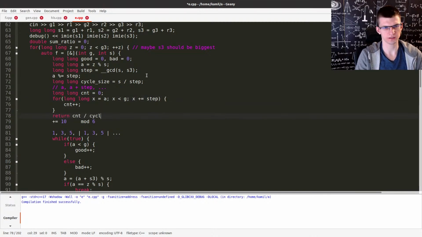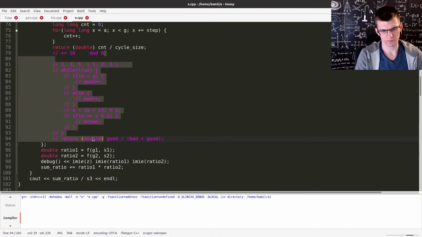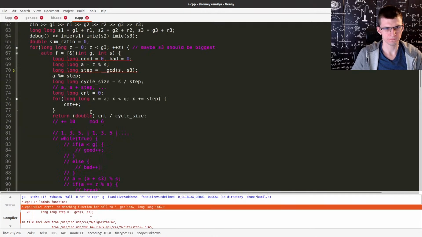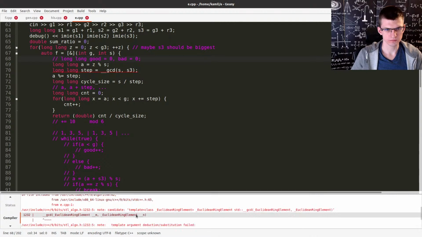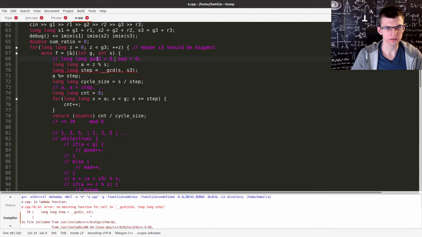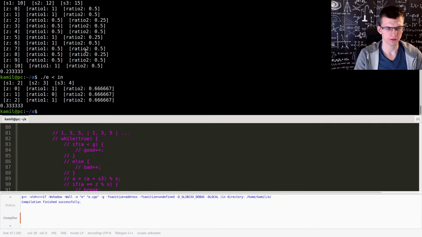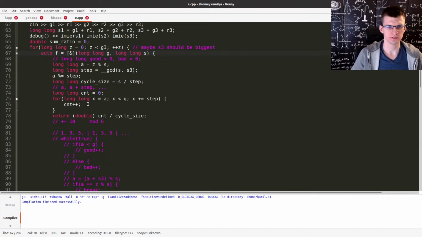Divided by cycle size. What do they want from me? S is int? Shouldn't. I should have created a typedef for long. All right, still the same answer, so I assume it's good.